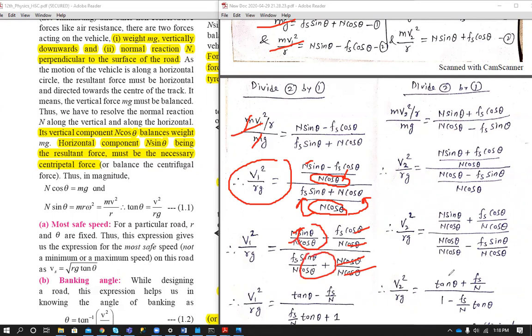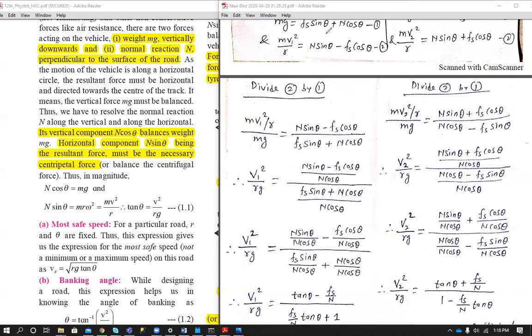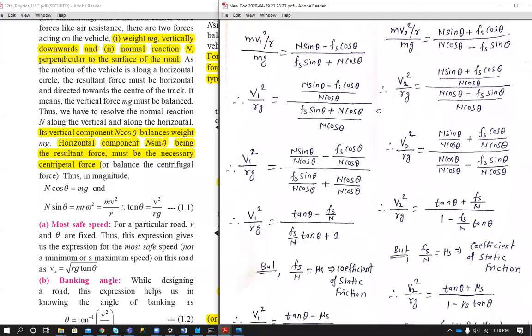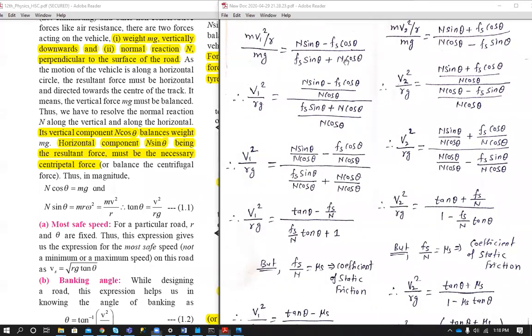Tan theta. So far you have understood. Just see again. In the next step we are getting this after cutting out all this.